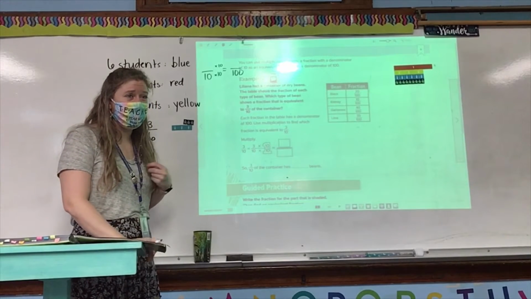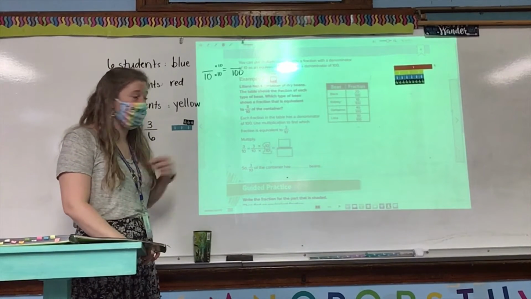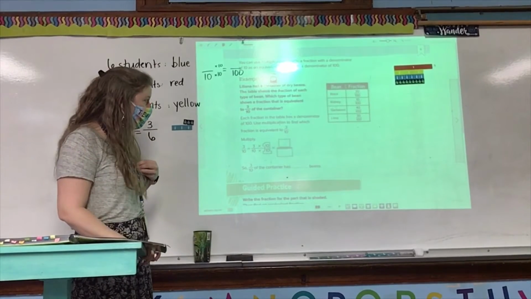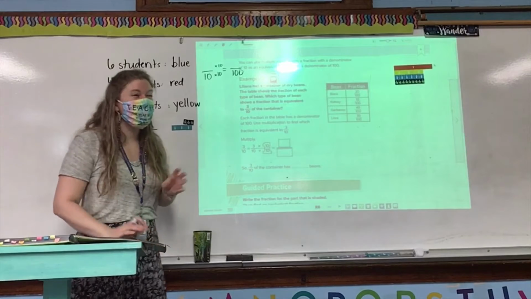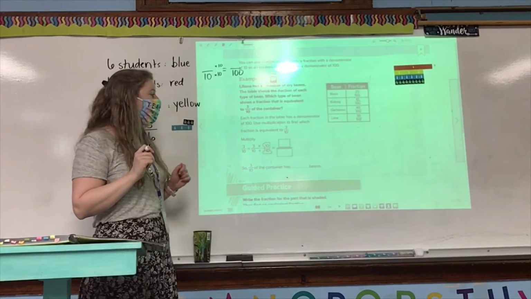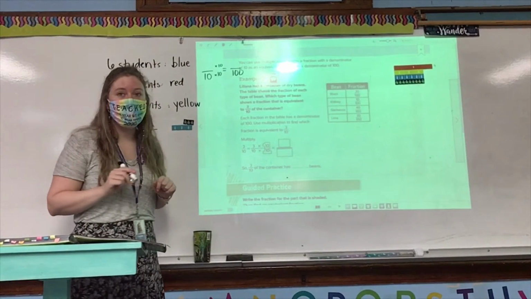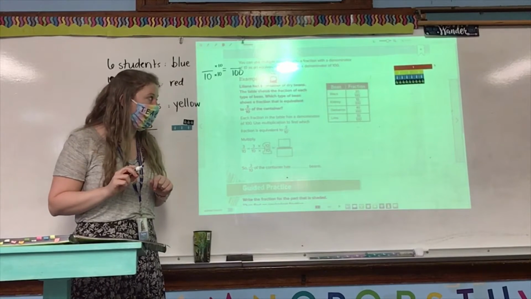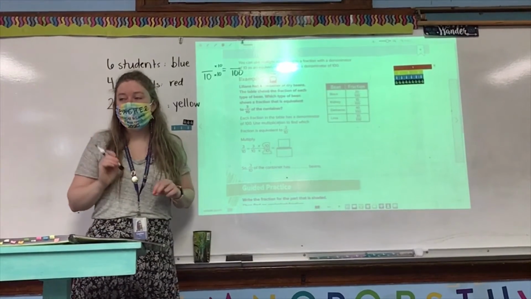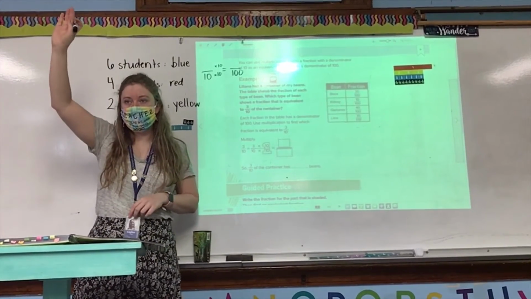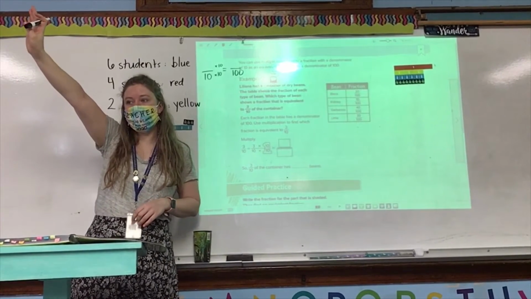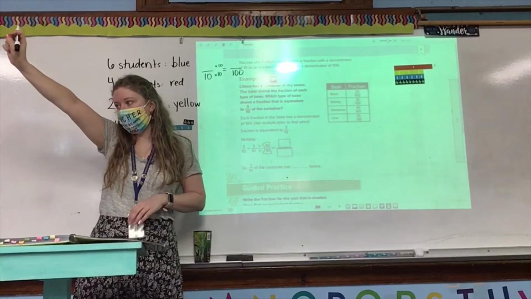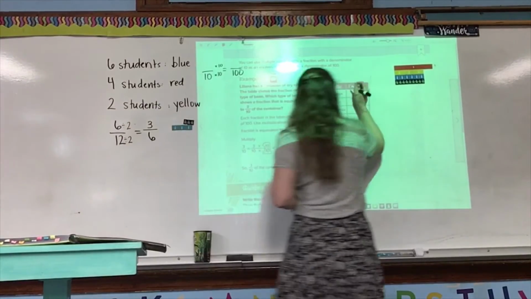But our question doesn't say which fraction is equivalent to blank 100ths. It says which fraction is equivalent to blank tenths, or to 3/10 of the container. So what we can do is use multiplication or division to find which fraction is equivalent to 3/10. So we know that what times 10 equals 100? Kingston, 10 times 10.